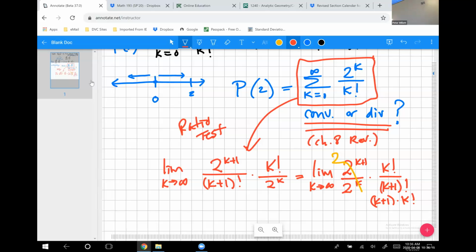You can pull out the first multiplication problem, and then the k factorials cancel. So this becomes the limit as k tends to infinity of 2 times 1 over k plus 1.